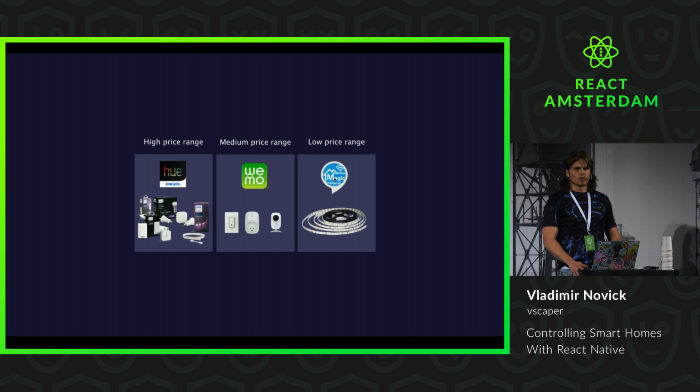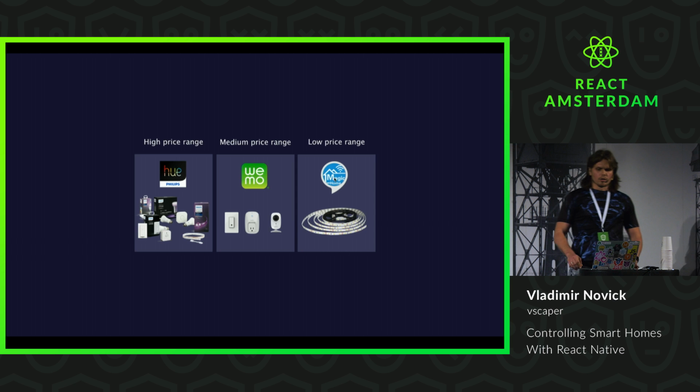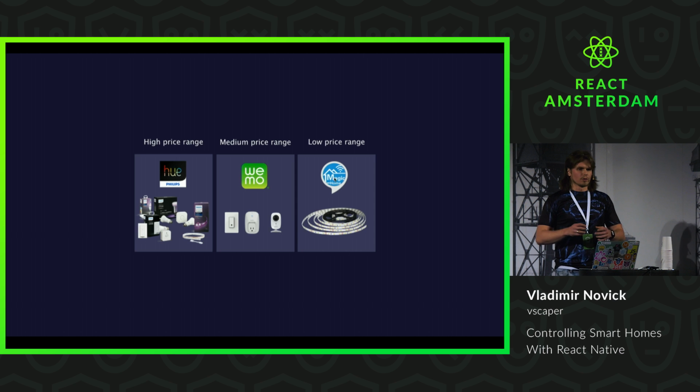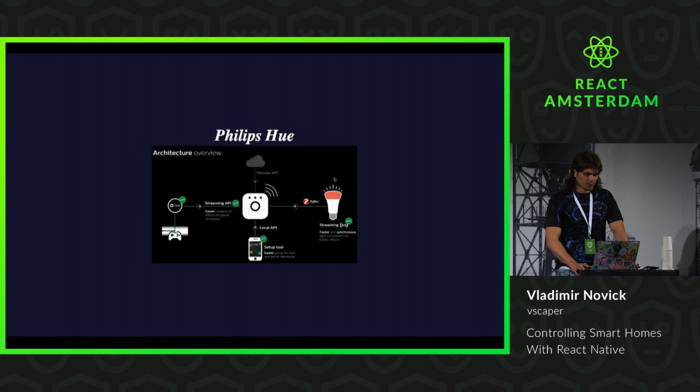You can buy from Chinese suppliers. And it has an app. Sometimes it controls lights, sometimes it doesn't. Who knows? But yeah, it's a cheaper one, right? So if you want to put a light bulb inside your kid's toy or something like that, you won't put in the Philips Hue, which is high range. You would buy a replaceable one or something like that.